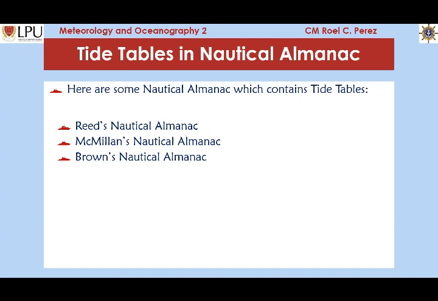If you are going to board a Japanese vessel, normally the almanac is only an almanac. But if the crew is familiar with the Brown's Nautical Almanac, sometimes they order the Brown's. But if you are on a Greek vessel, surely there is a Brown's Nautical Almanac. I do not know about the Reed's, maybe if you board an American or British vessel, and also the Macmillan's. No.